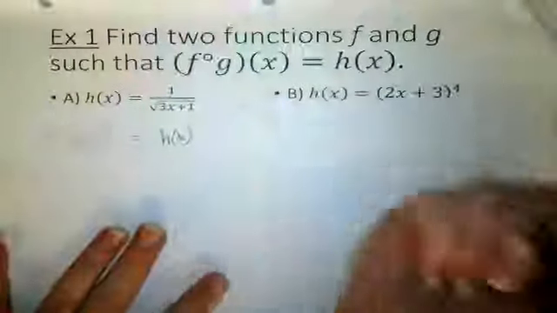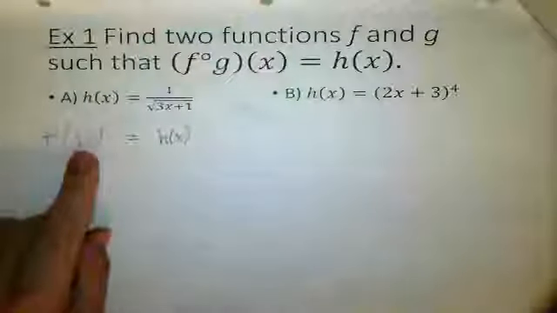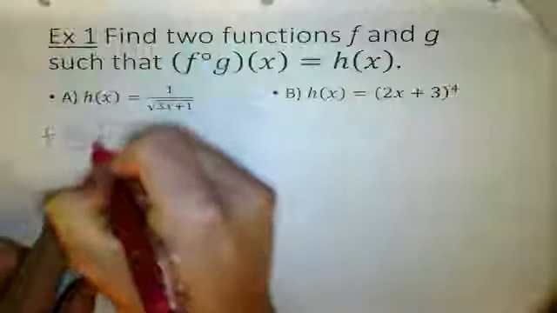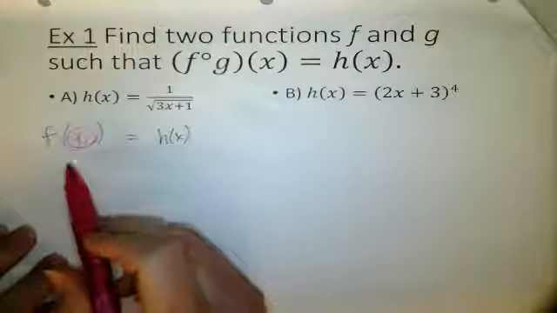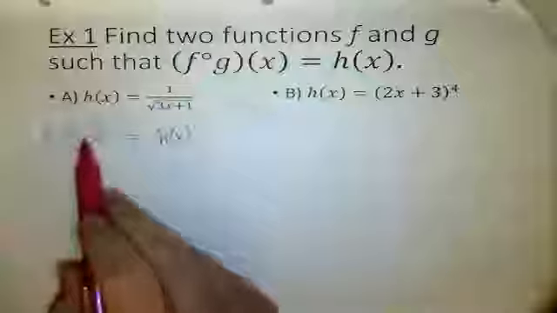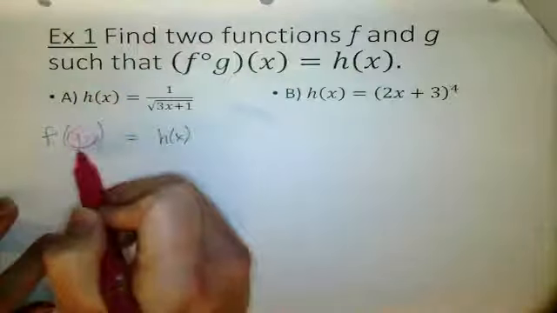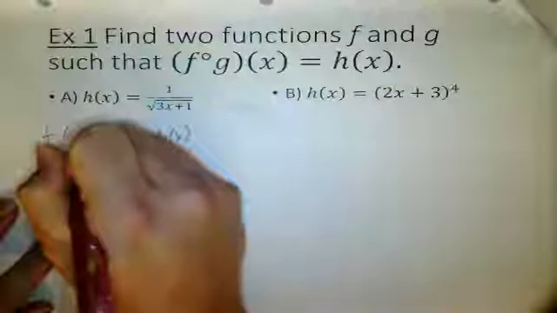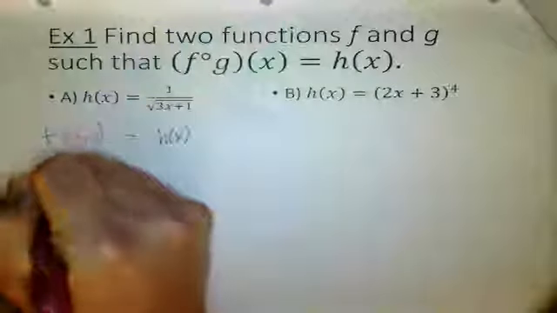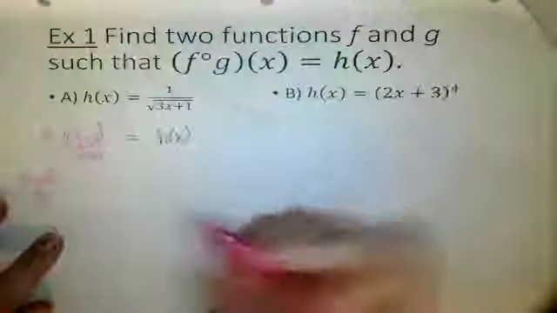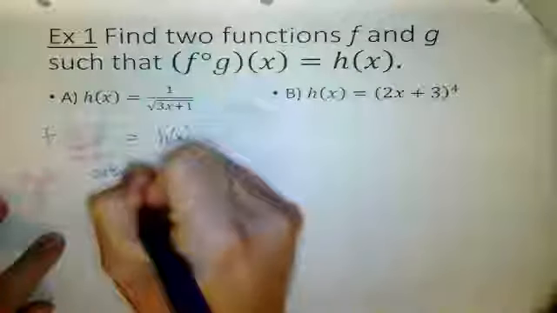Now, what that means is if I'm trying to find this g function that I want to plug into the f function. So I like to think to myself, hey, the g of x is on the inside, so I want to look for an inside g function, and I need an outside f function.